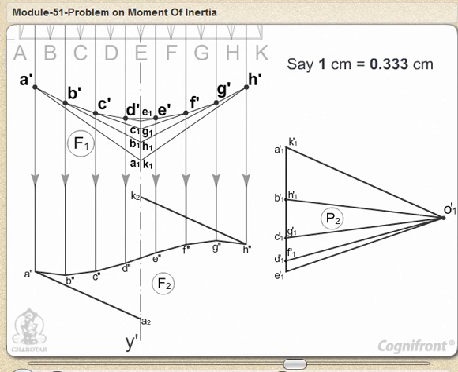The intercept A2K2 of this polygon on the axis YY' is the moment of inertia of the rectangle about the axis YY' to the moment scale, which is determined as shown.